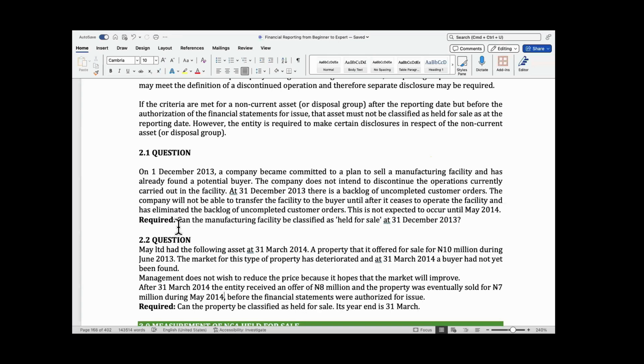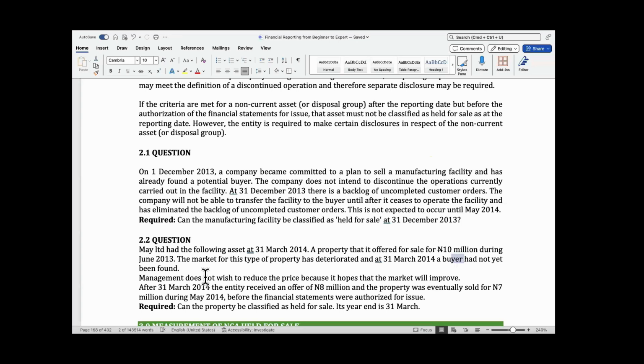Okay, this one too is quite straightforward. Its year end is March. They are really referring to March 2014, that he has a property that he wants to sell. He's putting it in the market at 10 million in June, that's before the year end. And the market for this type of property has deteriorated. Unfortunately, maybe the prices are down in the market as at the year end, and they haven't found a buyer as at the year end.